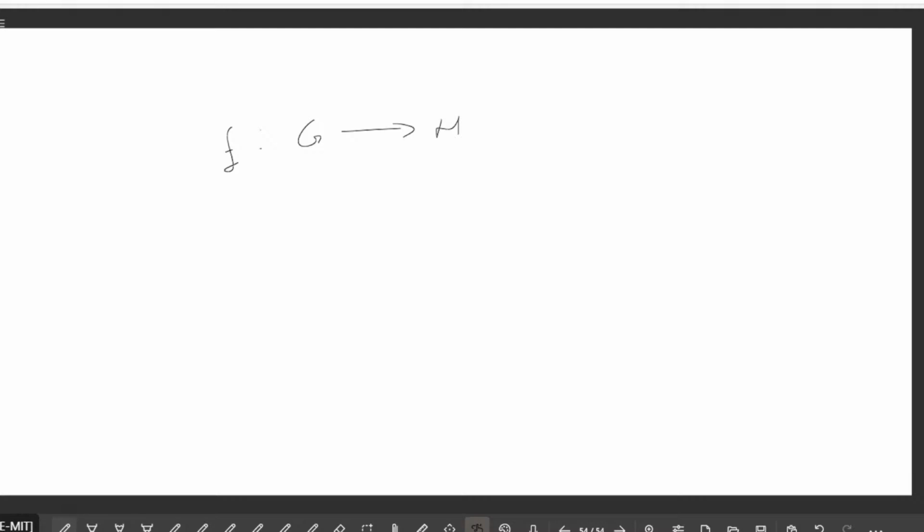We have a homomorphism from group G to group H. We know by the isomorphism theorem that every normal subgroup can be the kernel of some homomorphism. So when trying to find the homomorphisms from G to H, you start by listing. Suppose N1, N2, up to Nk are all the normal subgroups; the lattice structure is not important here.